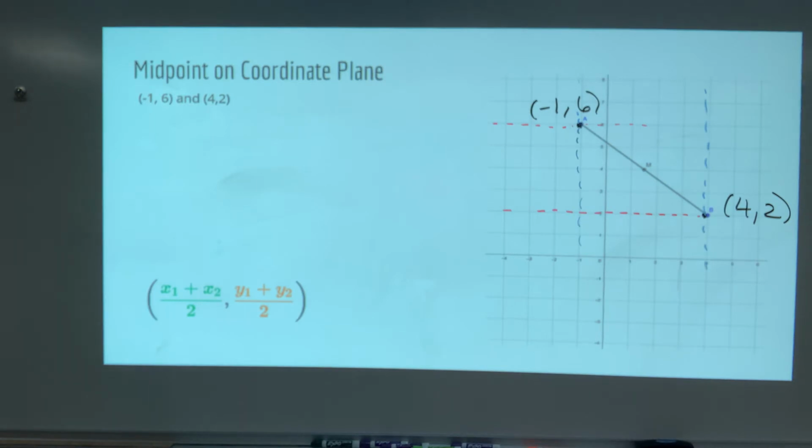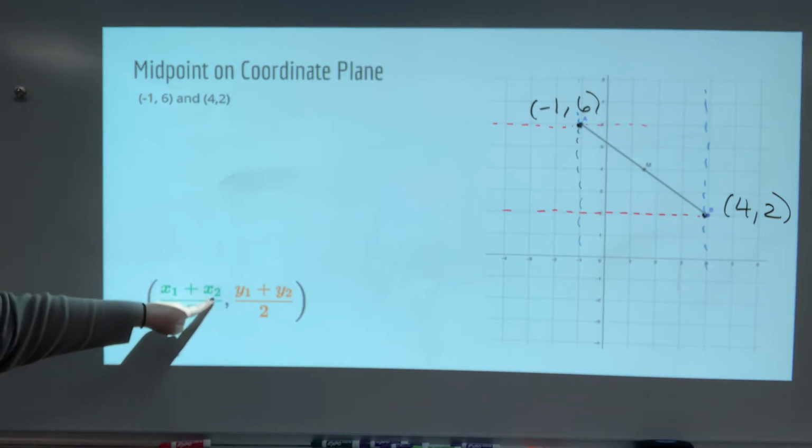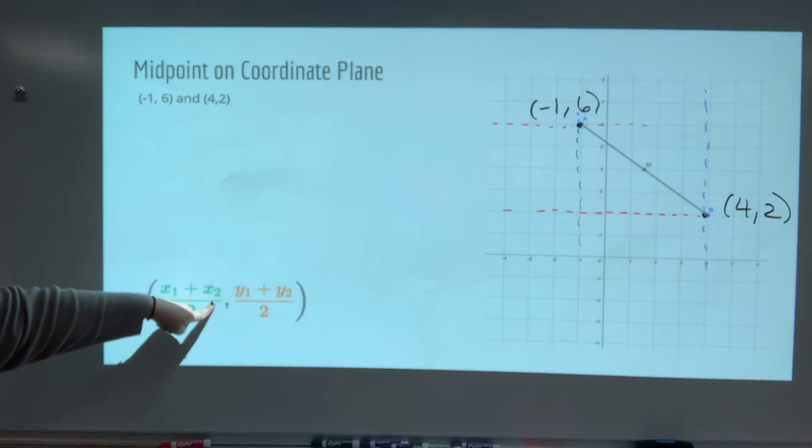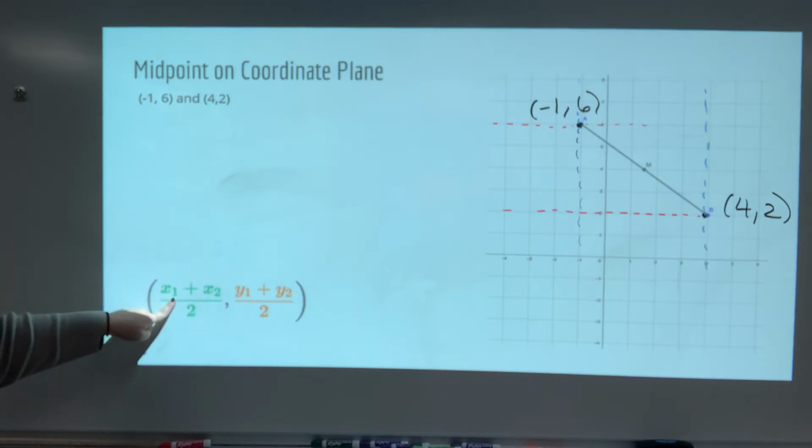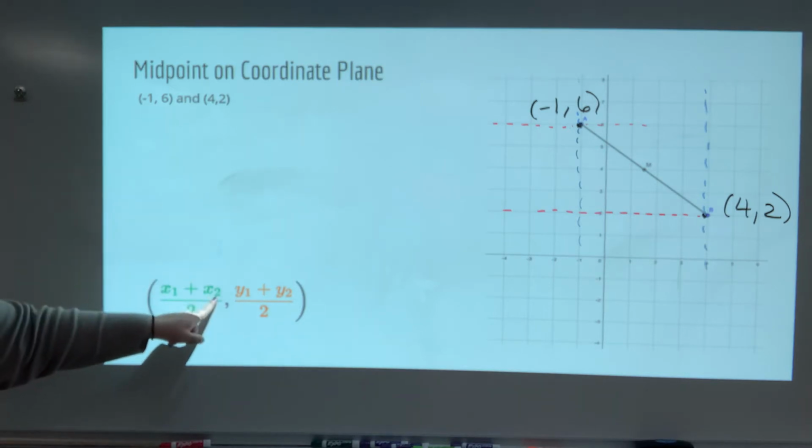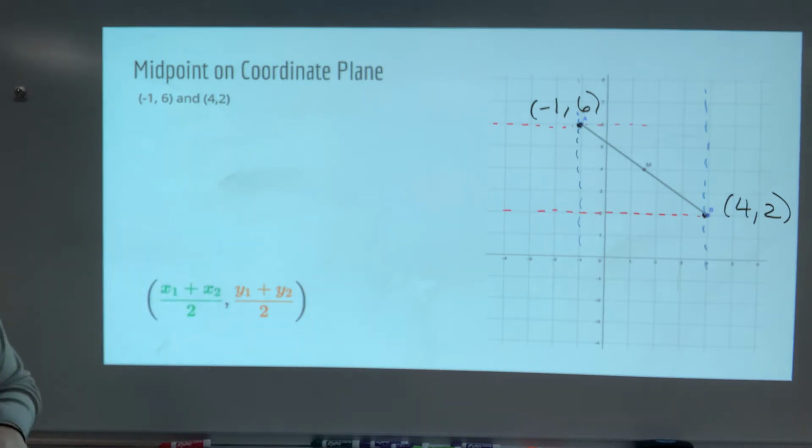So essentially what we're doing is we are averaging out both of our coordinates. Notice how I have x1 plus x2. That is referencing my x coordinate from my first point and my x coordinate from my second point.